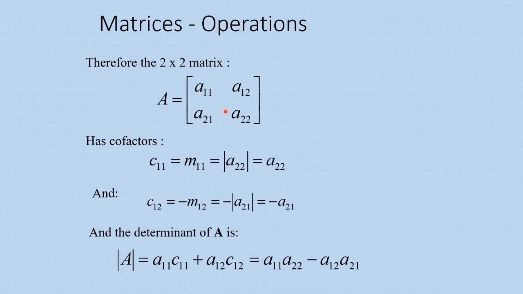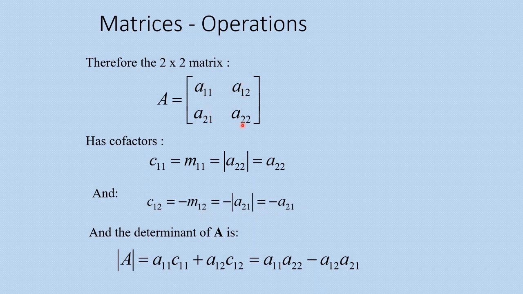Similarly, cofactor C12 is equal to minus M12, as 1 plus 2 equals 3 is odd, hence minus M12. It is equal to determinant minus A21, that is minus A21. To get minor 12, remove the first row and second column; after removing it, we get A21.